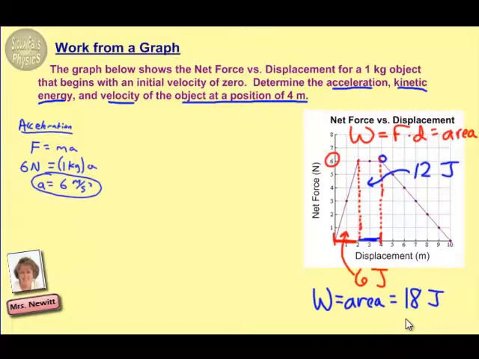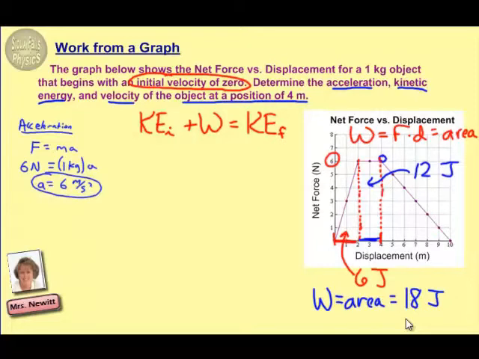Now notice that our problem specifically says, what is the kinetic energy? Okay, well, notice one other piece of information. Our object started with an initial velocity of 0. So if we go back to our kinetic energy and work relationship, initial kinetic energy plus work done is equal to final kinetic energy.